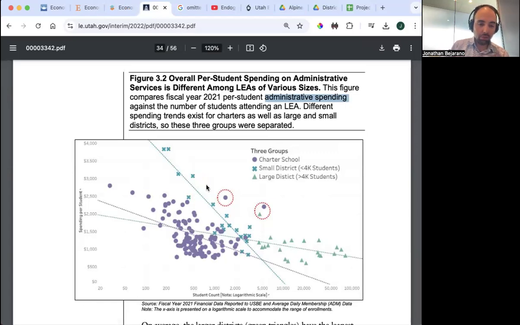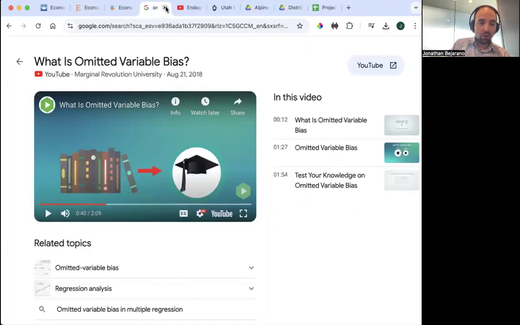Also, you see this is a linear regression, and that can cause issues with endogeneity. You can kind of see, at least in administrative costs, there is this non-linear pattern, but again, we're also missing potentially other variables. So omitted variable bias is an issue.